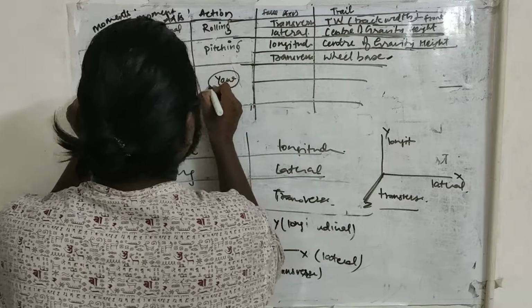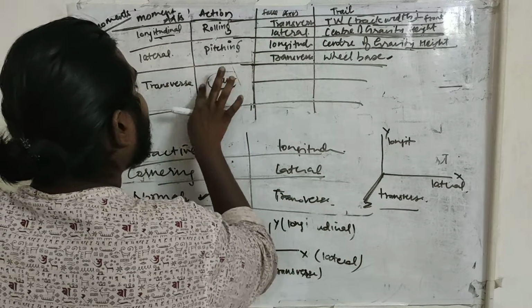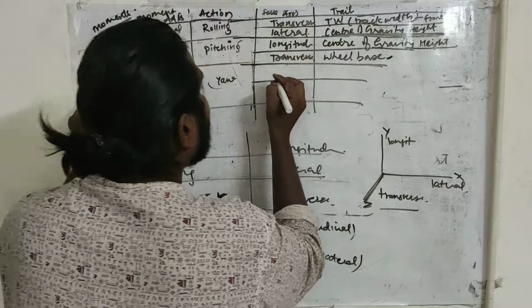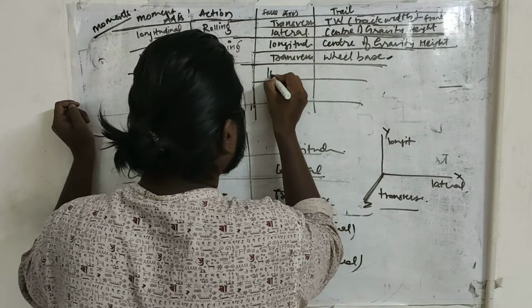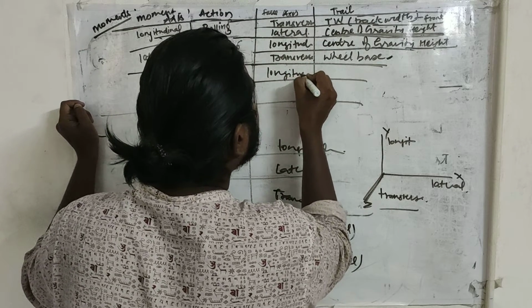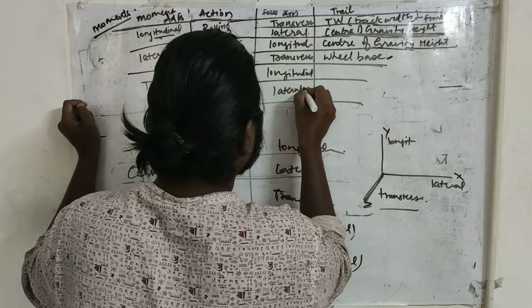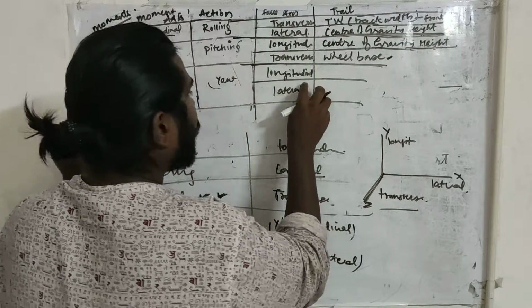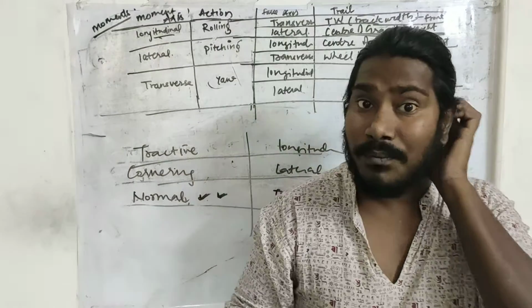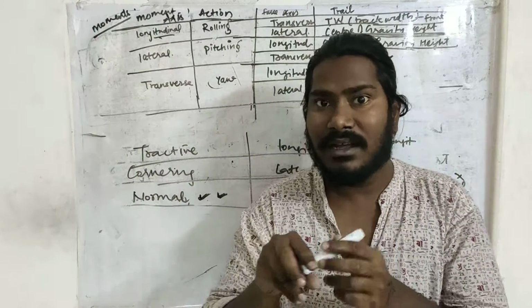Now, when we talk about the yaw movement, the steering movement along the transverse axis, it's either because of the longitudinal or the lateral axis, right? Let's talk about the lateral axis first.